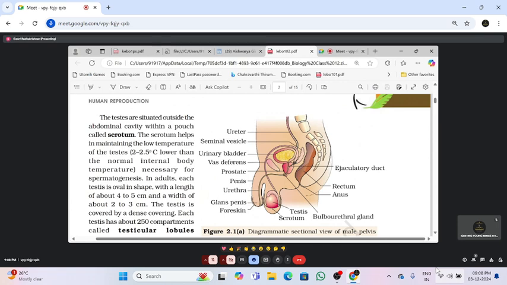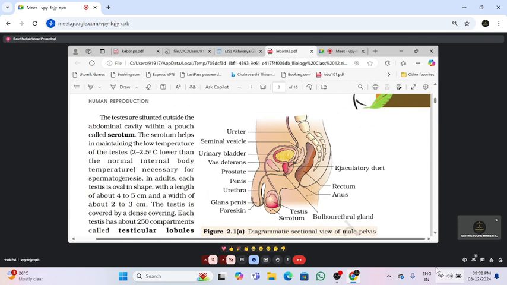Yes, ma'am. Okay. Now, in this, what we have to see is the external genital with the scrotum. The scrotum has the testis, and this external genital is connected to different ducts.